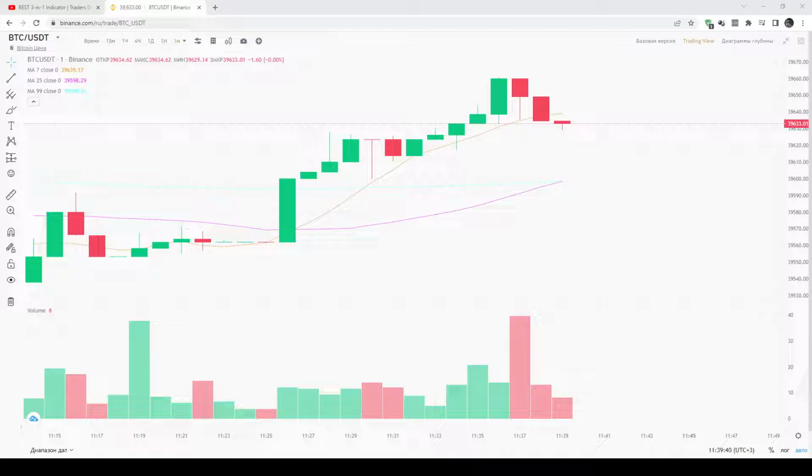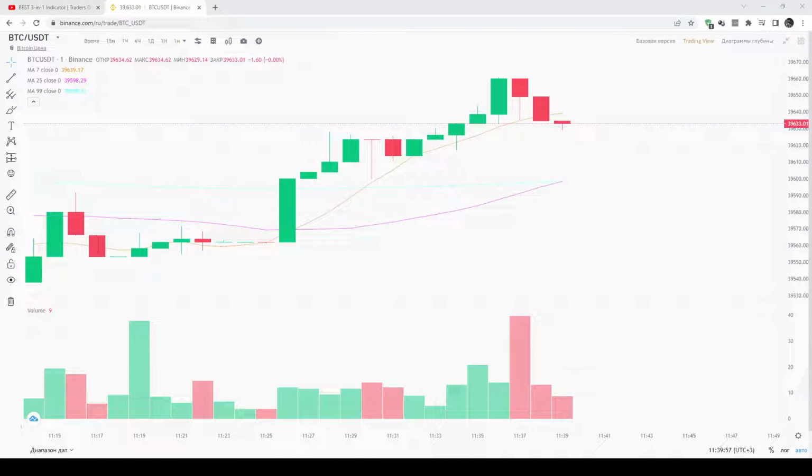The steeper the angle of the green line, the stronger the players in that direction. If the channel lines converge or become narrow and the other lines show short moves, the market is ranging or is preparing for this stage.